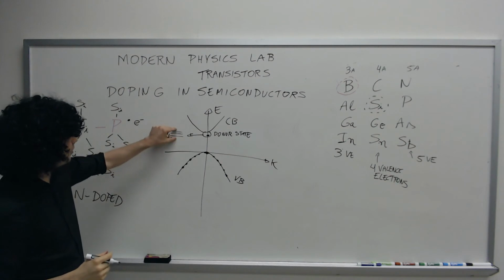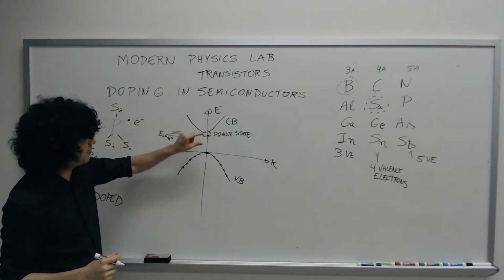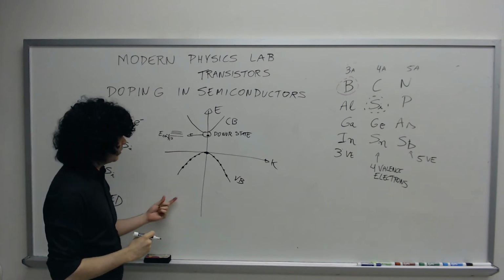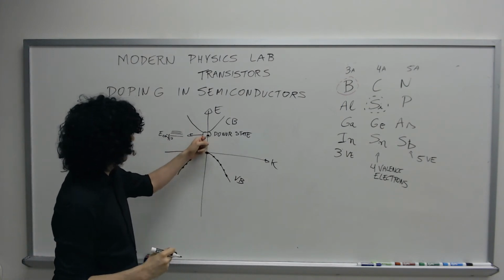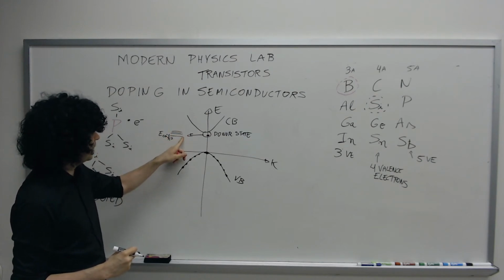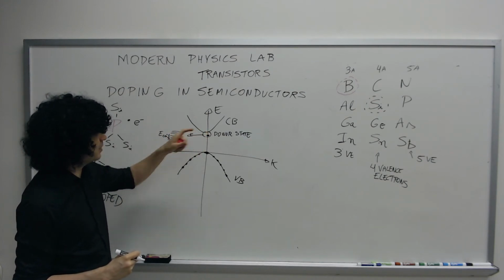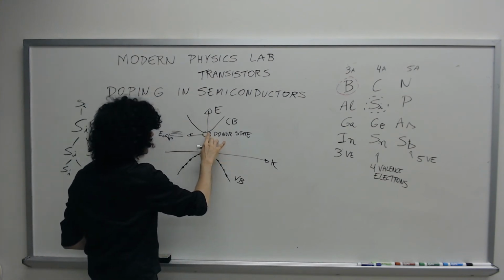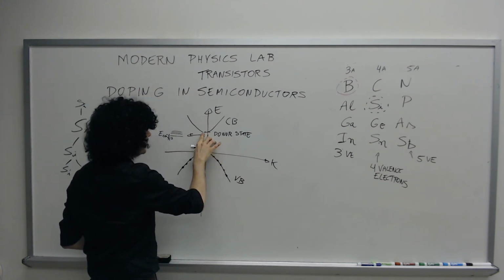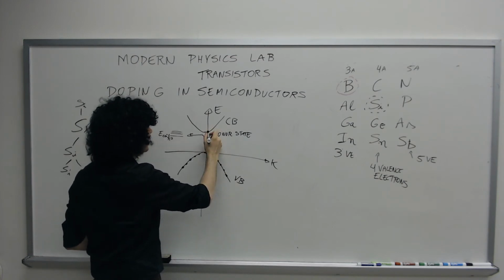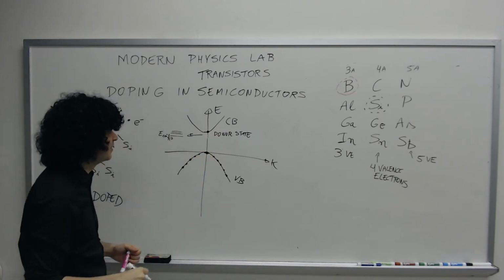So you have several energy levels, and the donor state is very close to the conduction band. So that at room temperature, by thermal excitation, you can take the electron from the donor state to the conduction band of the entire crystal. So this is called the ionization, and this electron will be ionized to the conduction band.